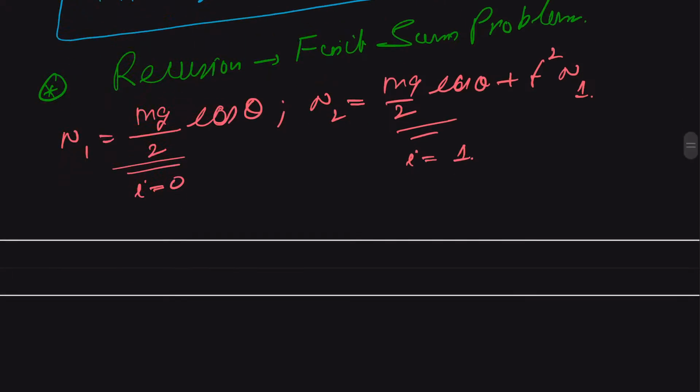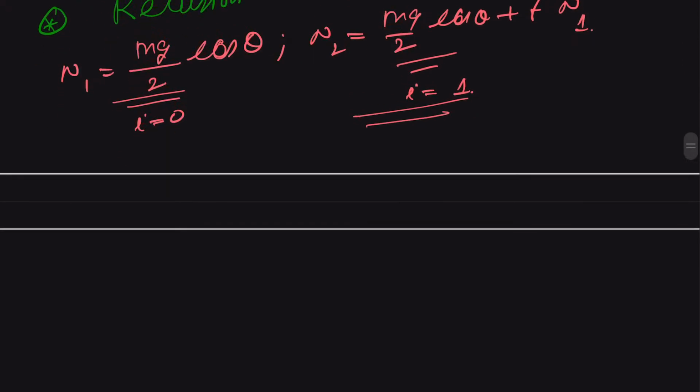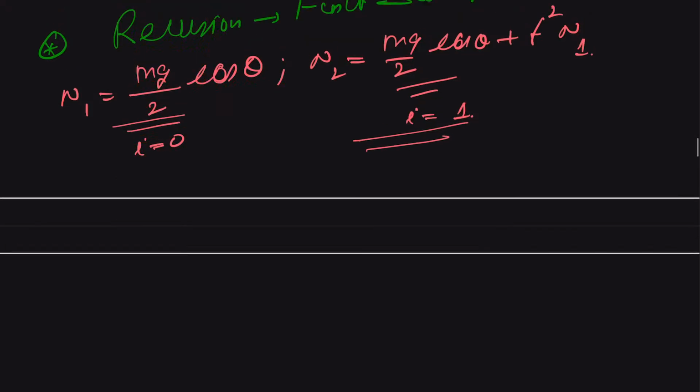So we are going to solve this second equation, and we substitute here N of 1, therefore we get that our N of 2 is equal to mg by 2 we can take as common along with the cos of theta.